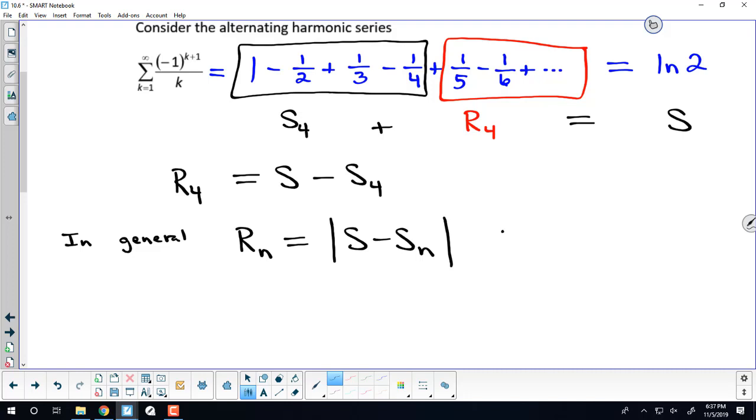And then we can look at a figure for this, but the actual sum minus the nth partial sum is less than the next partial sum, n plus 1, minus the nth partial sum in magnitude.